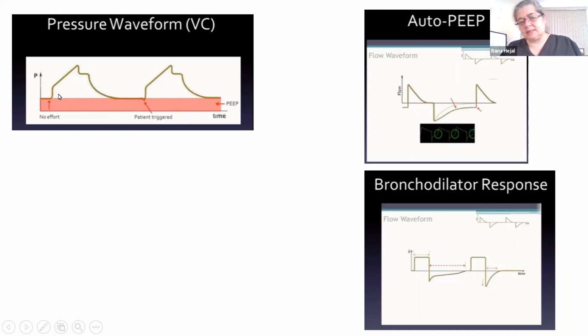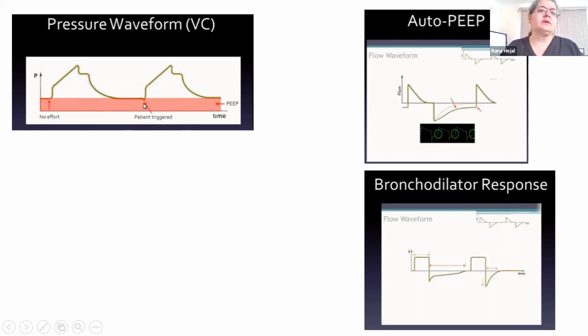I deliver 70 liters per minute of gas. Pressure inside the airway ramps up. I put an inspiratory hold. I will get the plateau pressure, because during the hold, there's no more air movement. So the alveolar pressure and the pressure at the airway become equal, unless there is some severe airway obstruction so that they are not communicating with each other.